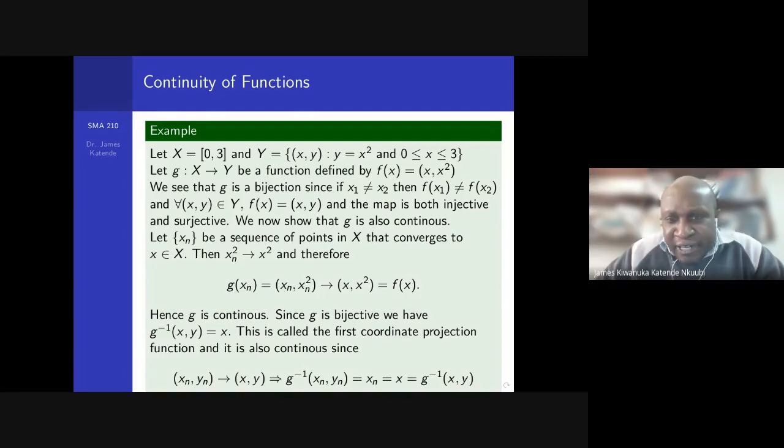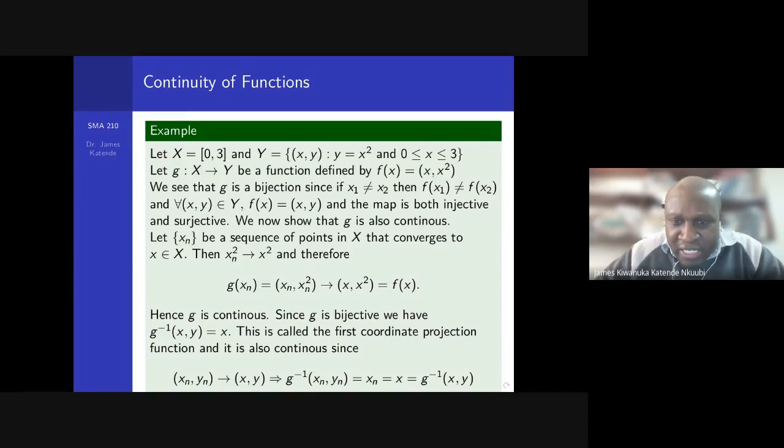And since the function is bijective, it must have an inverse, and that inverse basically takes us back from Y to X. So if you pick an ordered pair in Y, the corresponding element that is mapped onto that ordered pair will be x in capital X. This map is called the first coordinate projection because it simply picks an ordered pair and maps it onto the first coordinate in the ordered pair.